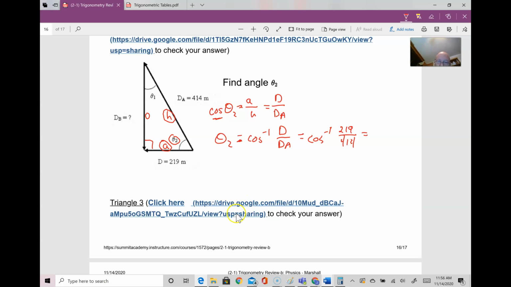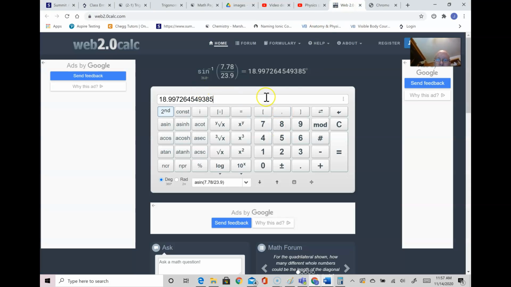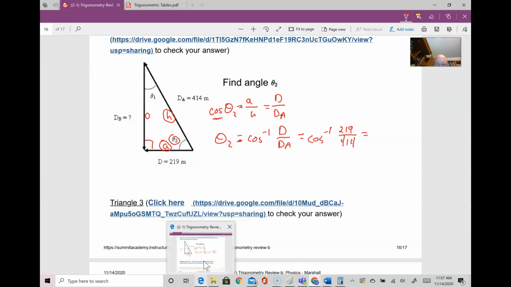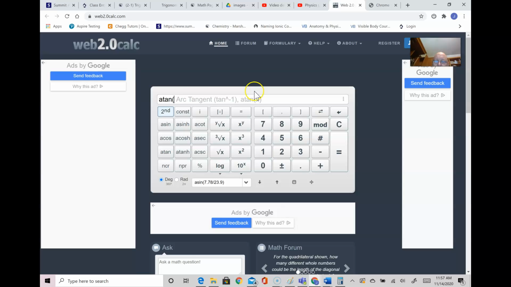And I'm going to find out that angle, so let's use the calculator. So here's my web calculator. I'm going to use the second button, and we wanted the tangent, right? Let me make sure that was what we were using. Oops, no, it was a cosine, wasn't it? It was the inverse cosine. My bad. Okay, so the inverse cosine. Let's back that up. So second cosine.